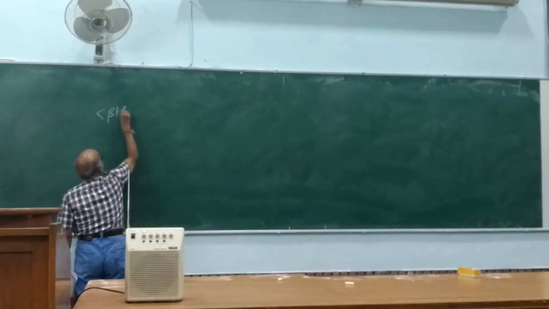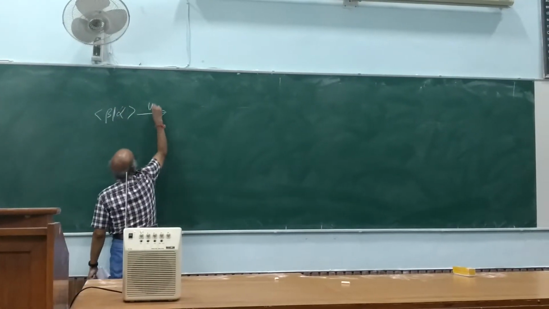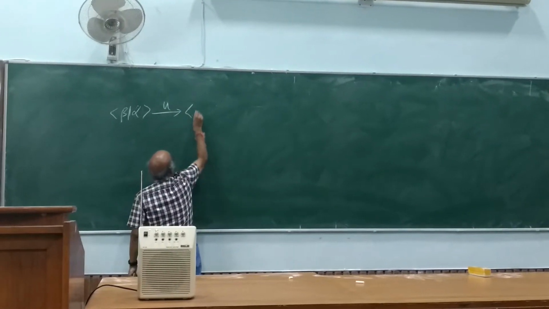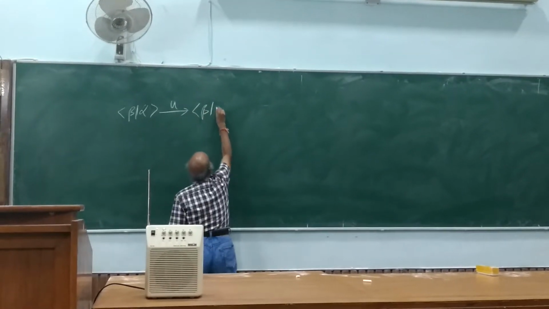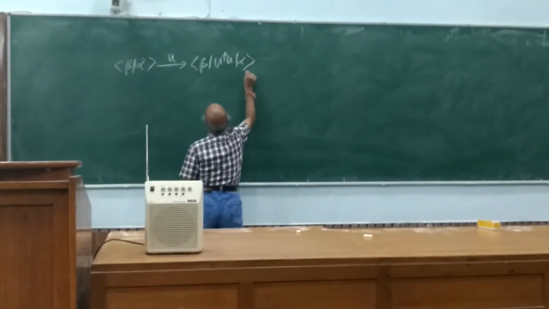Beta, alpha, under a unitary transformation goes to beta, together with U, alpha.